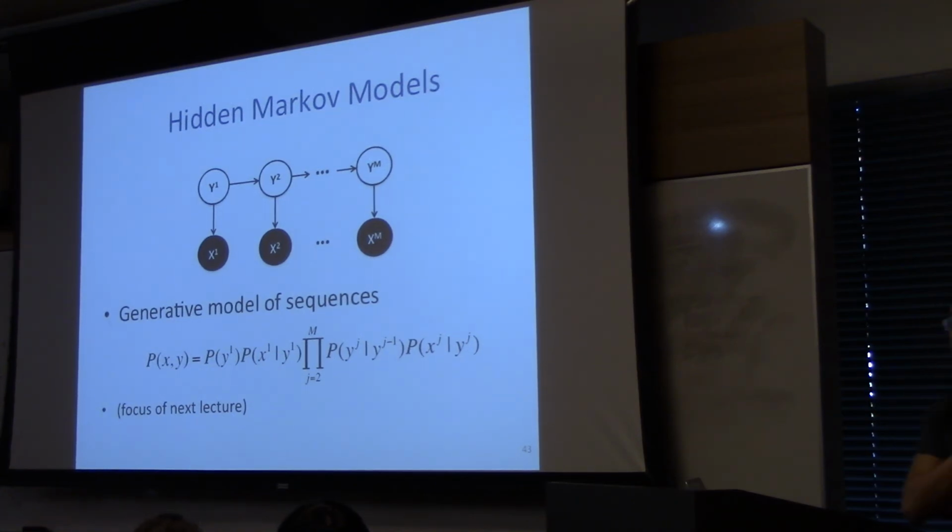I'll go into more details in the next lecture. The idea is I want to model the joint distribution of sequences of words and sequences of part of speech tags. Because some words, like rain, are both a verb and a noun. So given some sentence where rain appears somewhere in that sentence, can I model the probability that the rain in this sentence corresponds to a verb or a noun, given the surrounding context of the sequence, right?